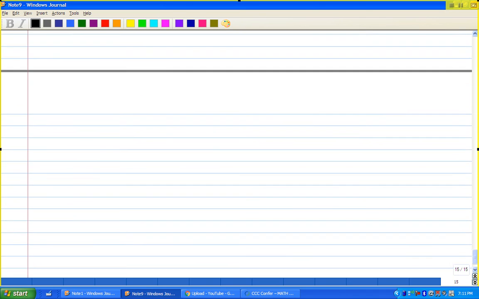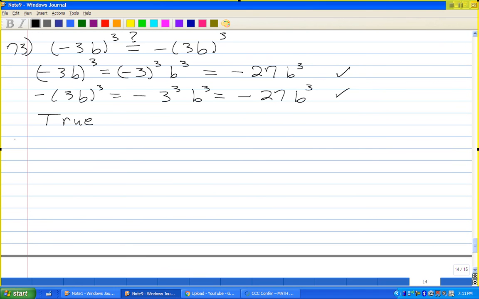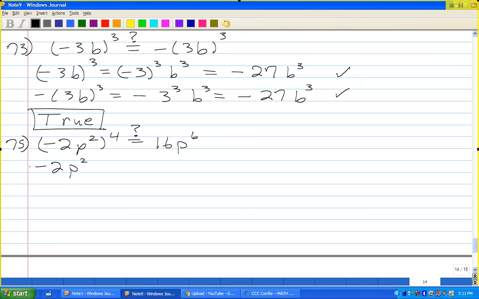75. Negative 2 p squared, all to the power 4. Is this equal to 16p to the 6? Negative 2p squared to the 4th is negative 2 to the 4th times p squared to the 4th.